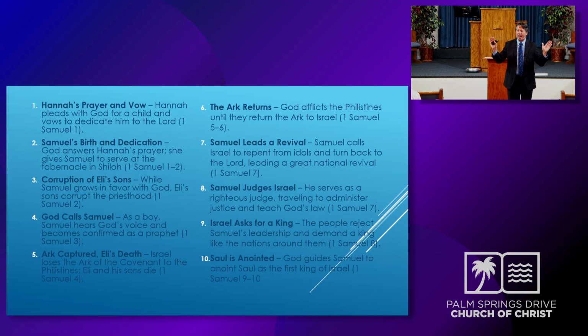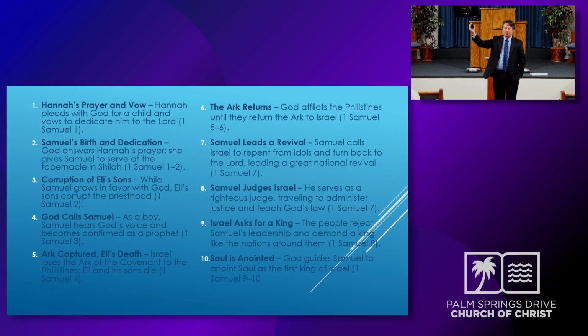Until you do that, this isn't going to work. And so they do. And they have this great victory against the Philistines. And the Bible does say that when Samuel was leading the people, they continued to have victory against the Philistines. So it was very important that we understand how Samuel fits into this story.